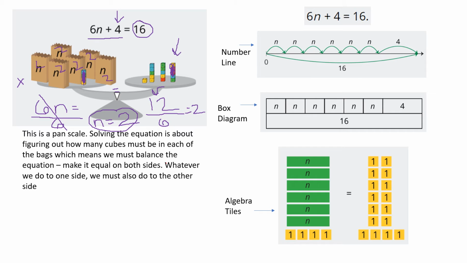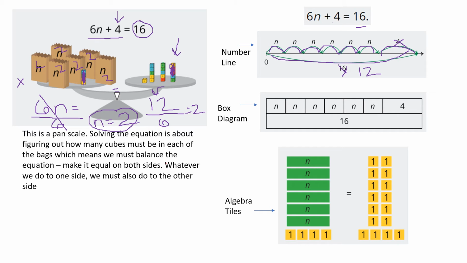Over here on the right, I'm showing you again that we can use a number line to represent this equation. So for 6n, we have the 1, 2, 3, 4, 5, 6n, plus the 4 on one side, so a big jump for the number 4. And on the other side, we have 16. When we put all that together, it equals 16. Again, if you take 4 cubes from one side, you also have to take 4 cubes from this side, and you're left with 12.